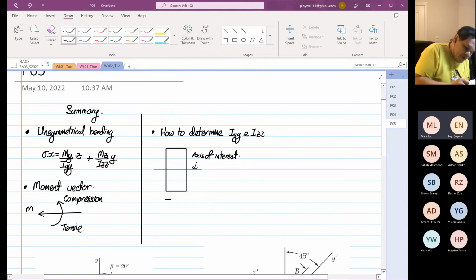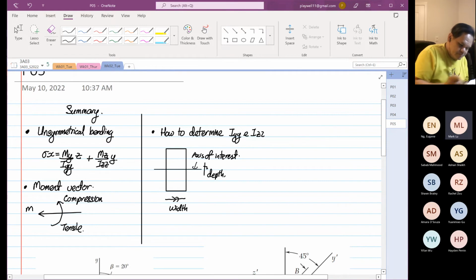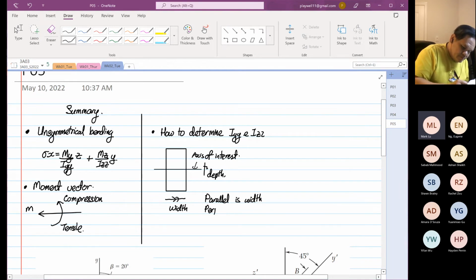Okay, so parallel to the axis of interest is your width. Perpendicular, okay, this is your what? Depth. Okay, so you can just write parallel is width, perpendicular is depth.